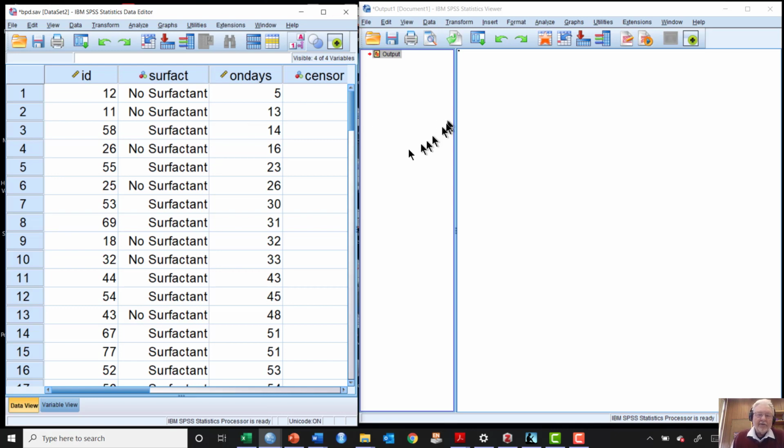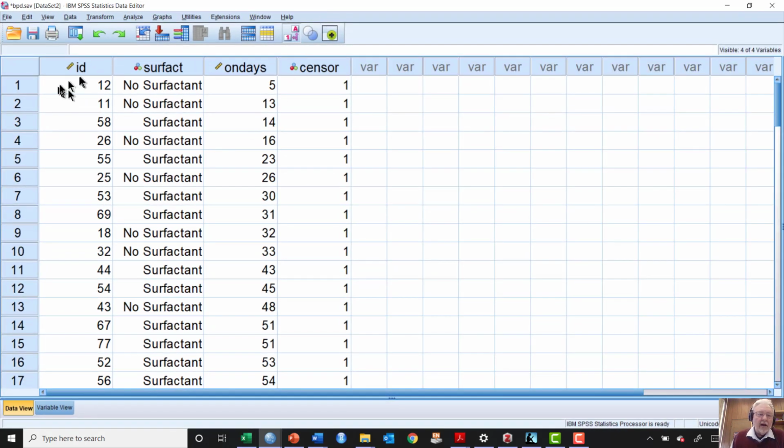Our variables are the patient's ID, whether or not they were receiving surfactant, which is a drug that supports lung function. It keeps the lungs from collapsing in these little preemie babies. On days refers to the amount of time that they're on oxygen.